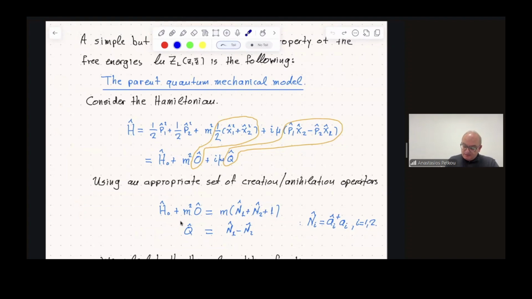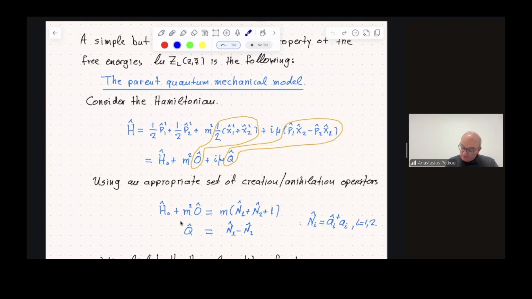Let's start now with something which is very simple, which we call the parent quantum mechanical model, which is just quantum mechanics of two harmonic oscillators, which I wrote here, P1, P2, and these are the two harmonic oscillators with the same frequency, which I now conveniently denoted with M, but also interacting through an imaginary chemical potential.